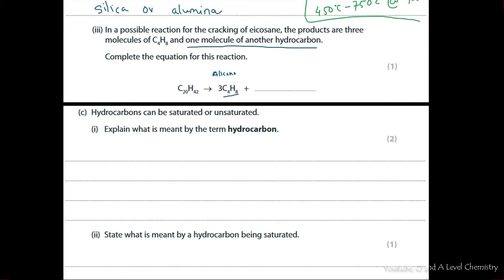The way you do it is you count the number of carbons. Here you have 20 carbons. Here you have 12 carbons, 3 times 4, that's 12 carbons. So I have 20 carbons here, and I've already taken care of 12 carbons with the alkenes. So how many more carbons do I need on this side? I need 8 carbons.